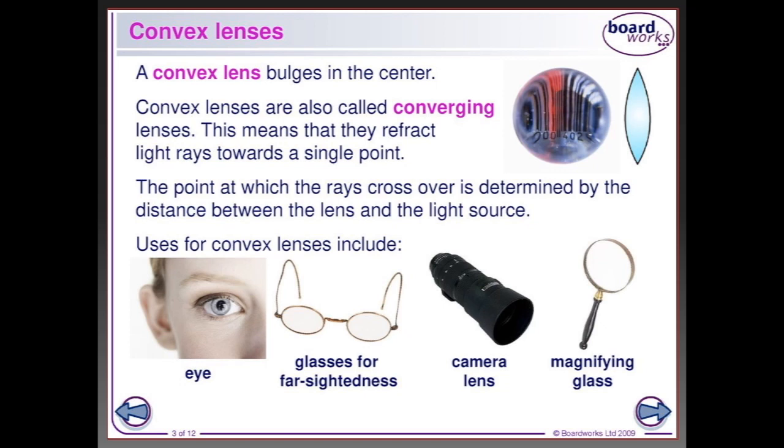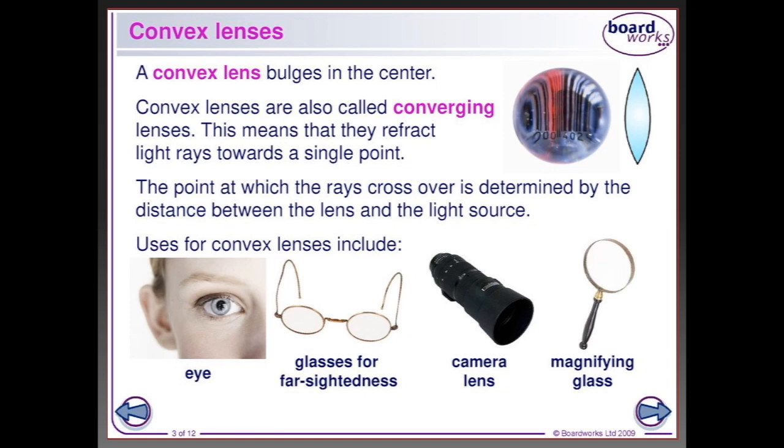When an object is placed at the principal focus, a real image is formed at infinity. The size of the image is much larger than the size of the object.